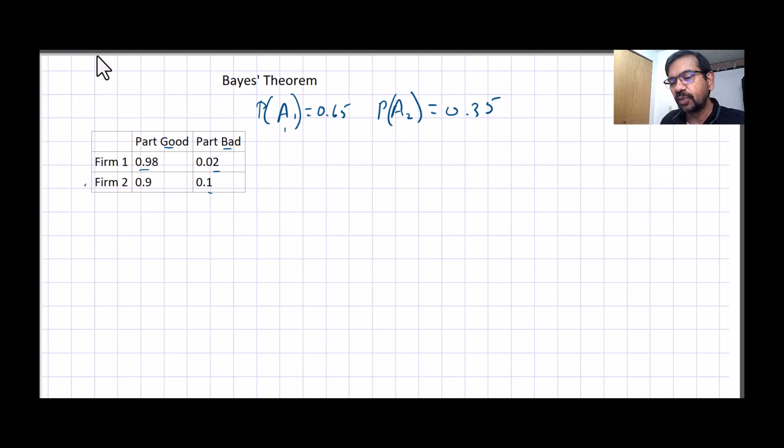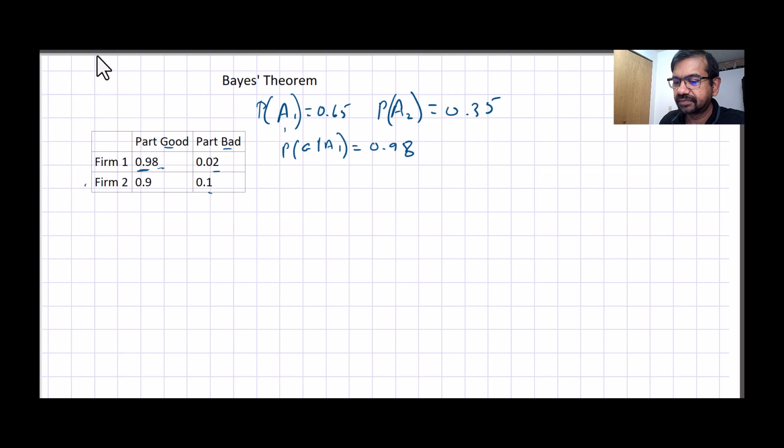So we can start creating some conditional probabilities. Again, notice the way I write this, I'm going to say conditional on A1, that we got the part from A1 and that the part is good. That probability in the first cell here is 0.98.